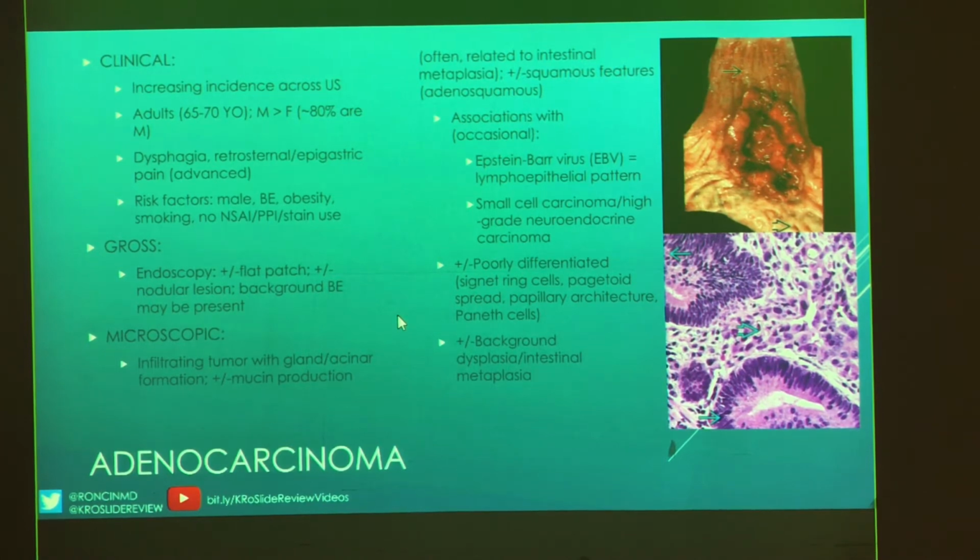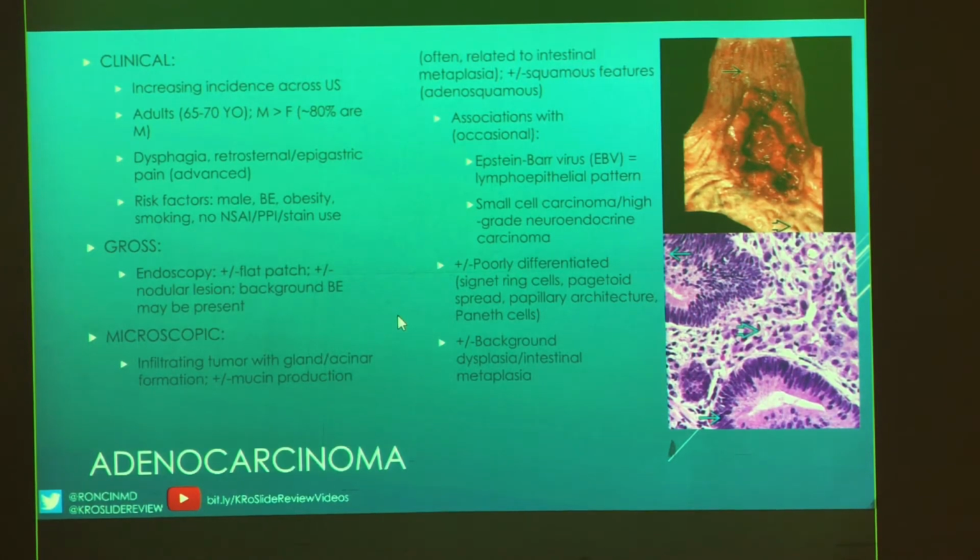On endoscopy, this is either going to look like a flat patch, it could be nodular, it could be ulcerated like what we're seeing there, and there may be some background Barrett's esophagus. So think about all the endoscopic findings that you could have with Barrett's, including the tongues, whether they have little ulcers and the irregular Z-line as well.